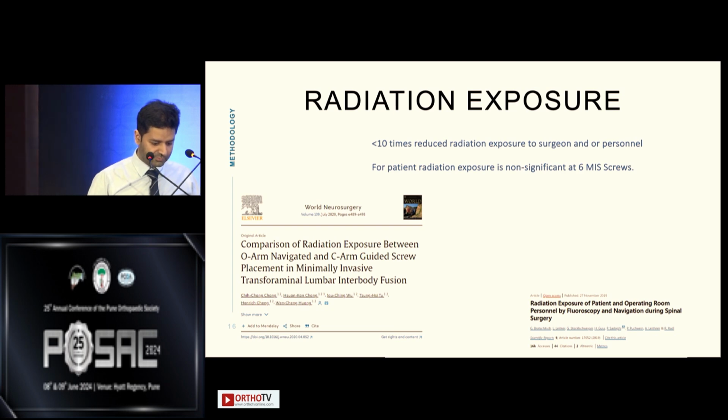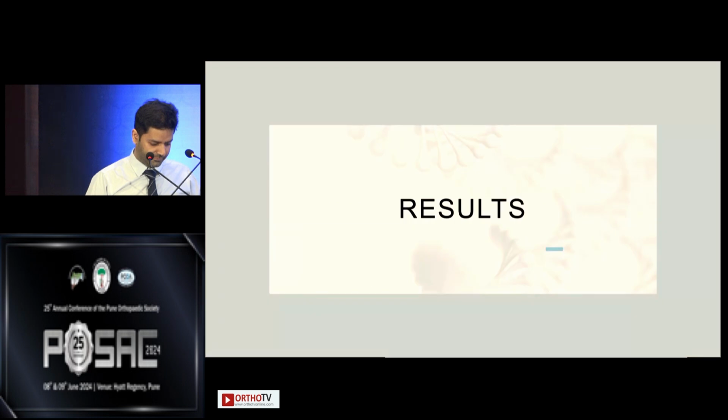Since OAM uses cone-based CT radiation, the radiation to the patient is more compared to a C-arm, but the radiation to the staff is less than 10 times compared to fluoroscopy if MIS screws were used. And if more than 6 screws were inserted with OAM, then this radiation criterion is non-significant.